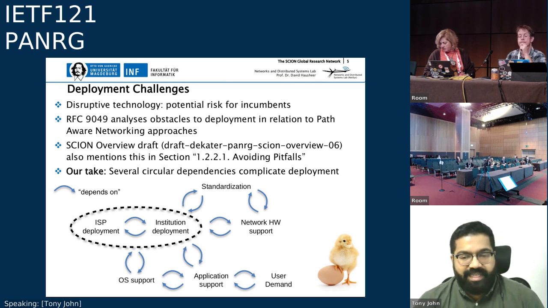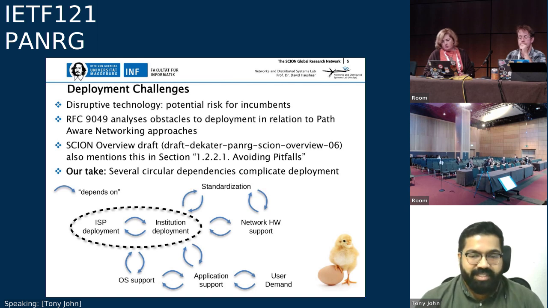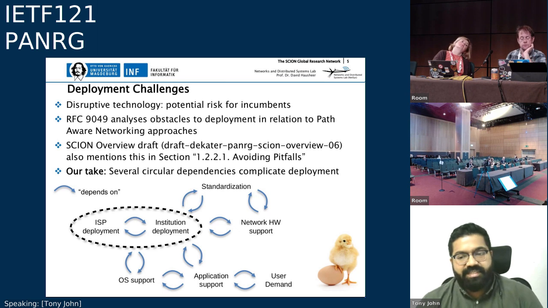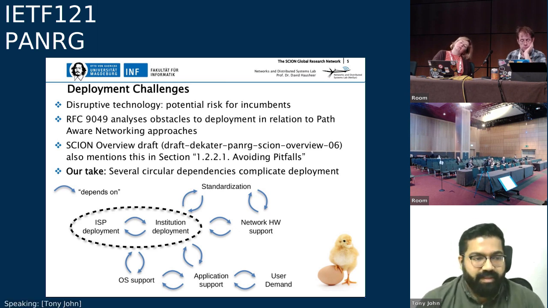RFC 9049 outlines some of the obstacles in deploying path-aware networking, and the SCION Association has also picked it up and presented the SCION overview draft, which mentions some possible pitfalls. Our take on what makes the SCION deployment complicated is the circular dependencies among key factors. The slide shows some of these dependency loops.